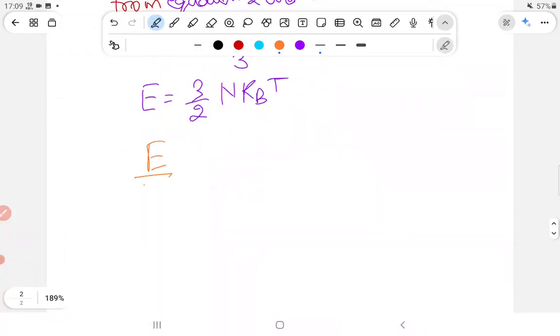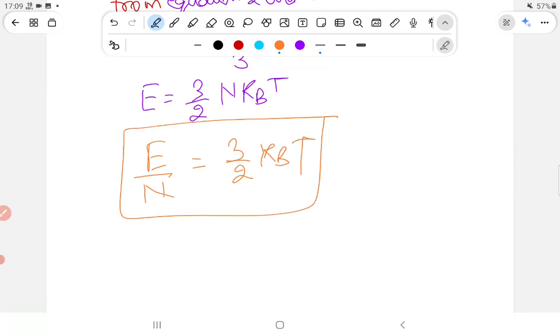If you want to find out the average energy per molecule, it comes out to be 3 by 2 kBT. It is the final derivation which you should remember.